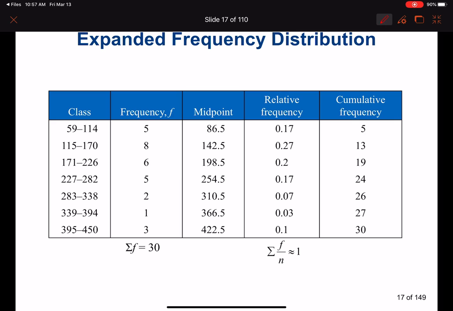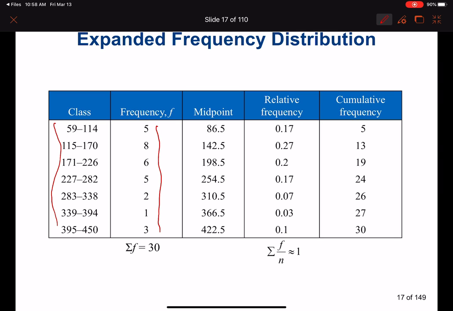Now here we have the full picture of everything we just figured out. Frequency, which we calculate based on the given sample for each class. Midpoint: what did we do? Lowest level plus upper level, divide by 2, and we get the midpoint for every single class. Next, relative frequency: we take the frequency and divide by the total amount, and then 8 divided by the total amount, 6 divided by the total amount, and we get relative frequency in decimal notation.